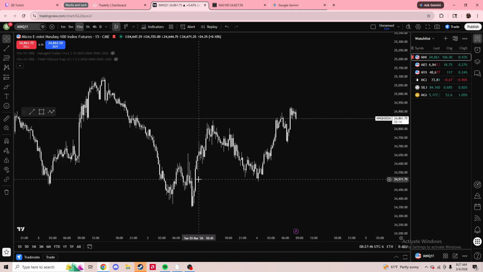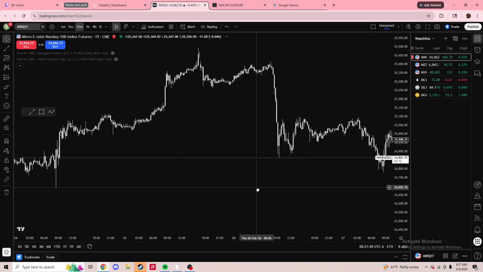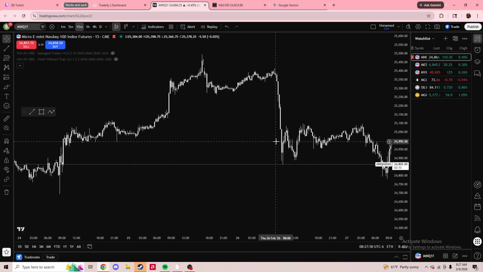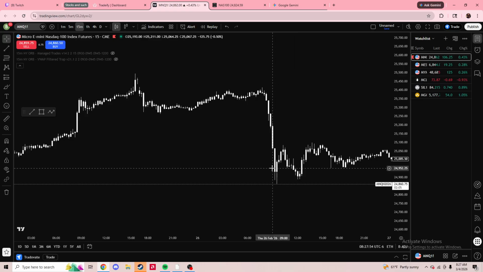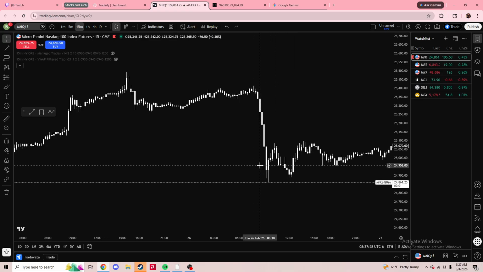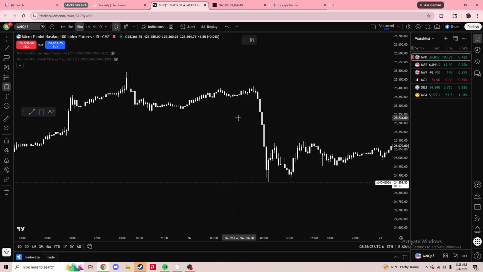When that comes up, I'll mark it down. For example, this was Thursday last week. Here's the 8:30 candle right here. You mark just the bottom and the top.